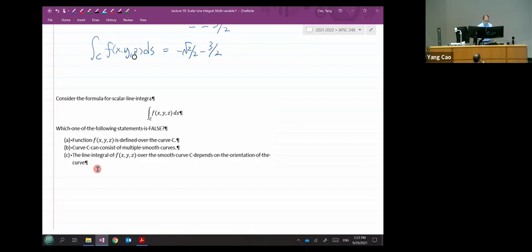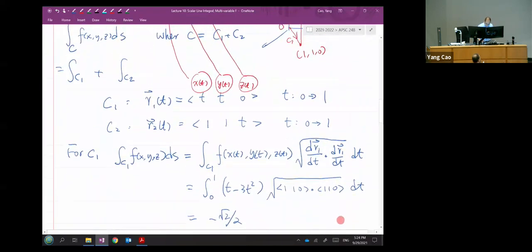Okay. Good. Even piecewise scalar line integral, let's say C1, C2, C3, right? Now, as you can see in this question here, when I integrate over C1, my t goes from 0 to 1. When I integrate C2, my t is reset from 0 to 1. Right? It's fine. Now, if you want to say, okay, can I say t from 0 to 1, and then let t go from 1 to 2, for example, right?